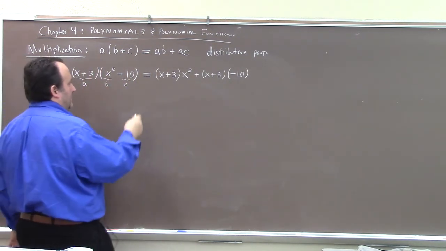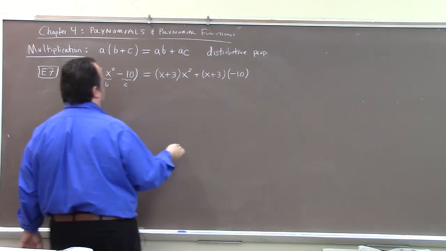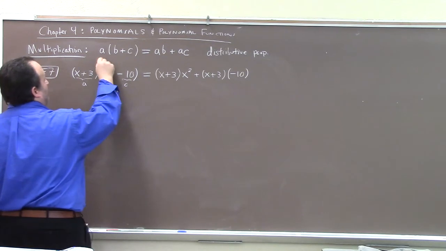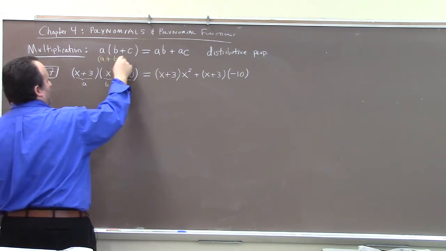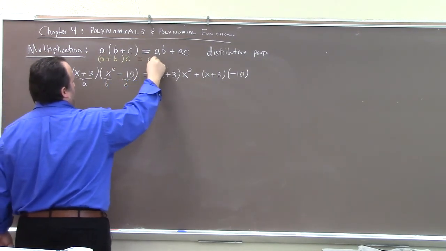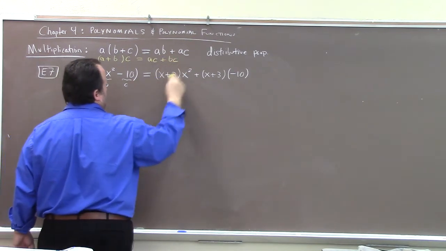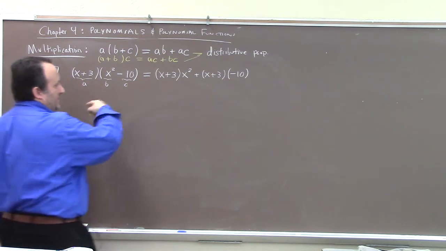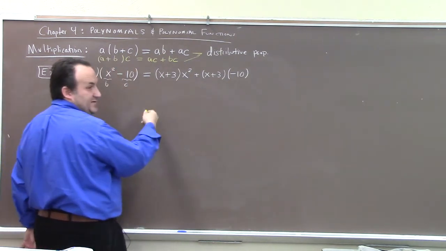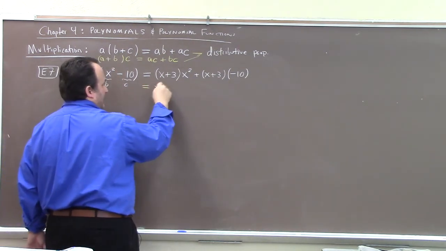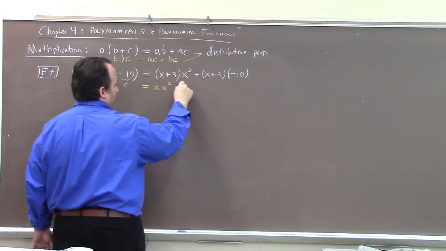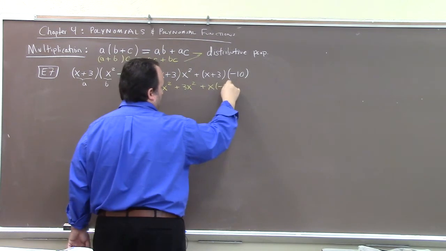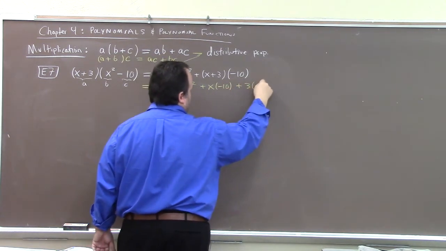By the way, there are two different distributive properties. There's the one I wrote, but there's also the other way: a plus b times c is ac plus bc. That's also a distributive property. So I use the other distributive property to work these out. This is x times x squared plus 3x squared plus x times minus 10 plus 3 times minus 10.